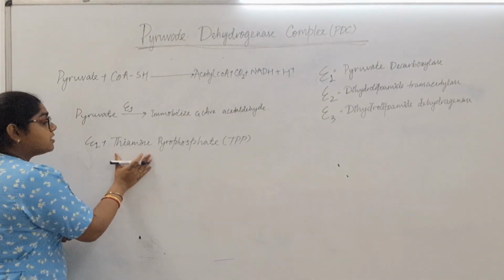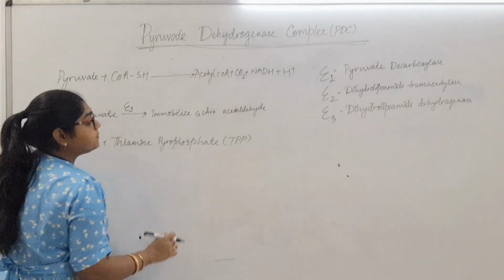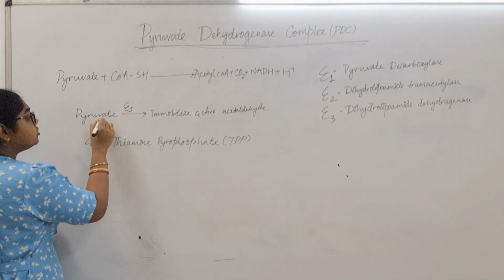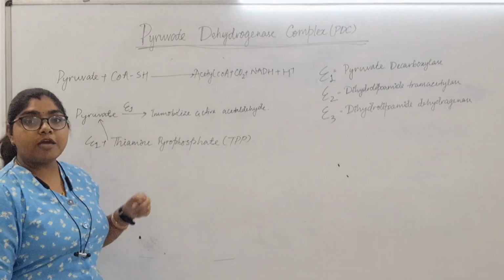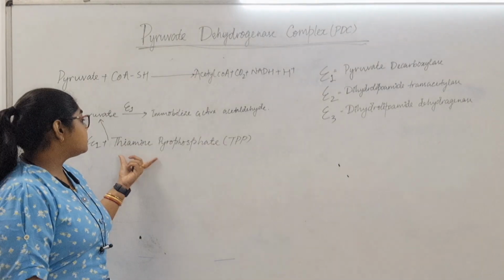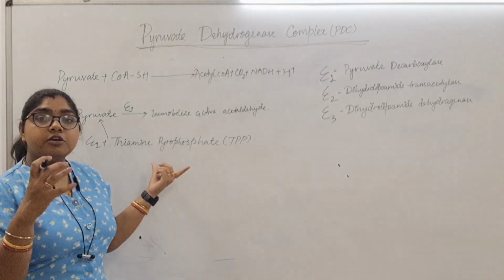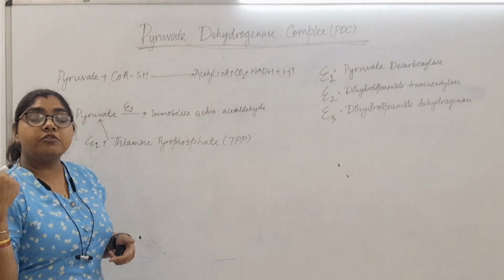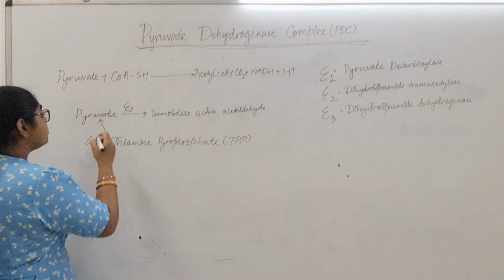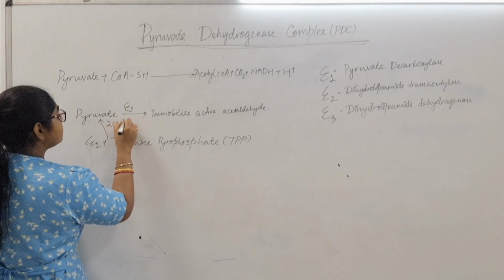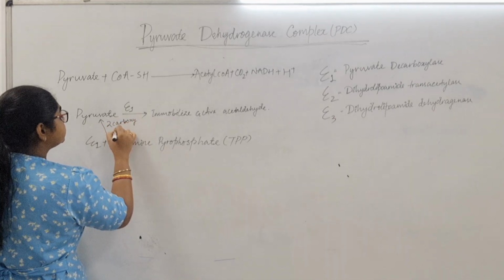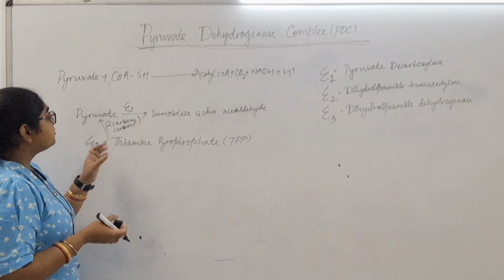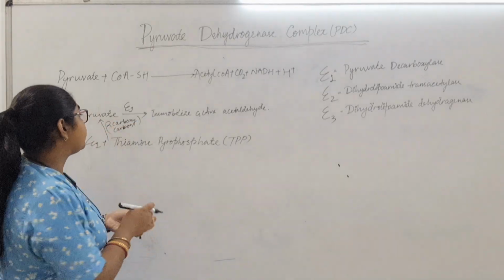Then the carbanion formed by the TPP performs a nucleophilic attack on the 2-carboxy carbon of pyruvate, and it rearranges the structure of pyruvate.